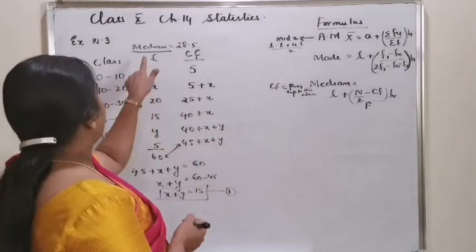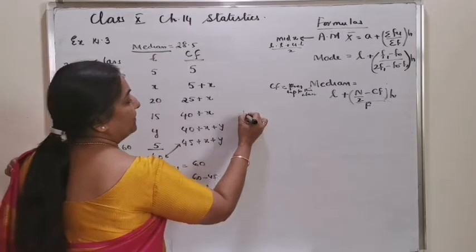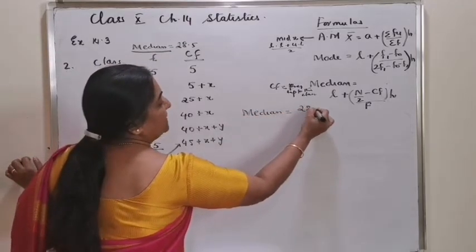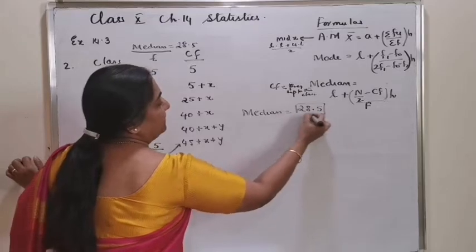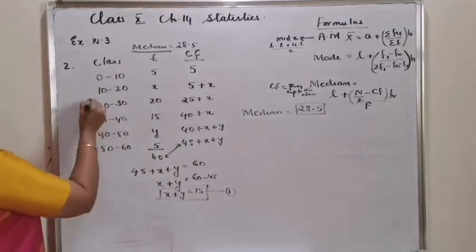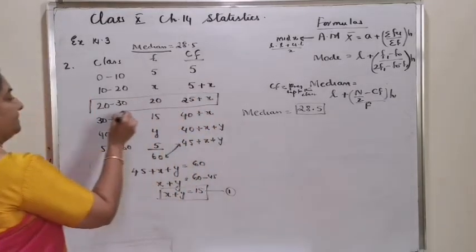Now, the median value they said is 28.5. 28.5 is in the class interval 20 to 30.